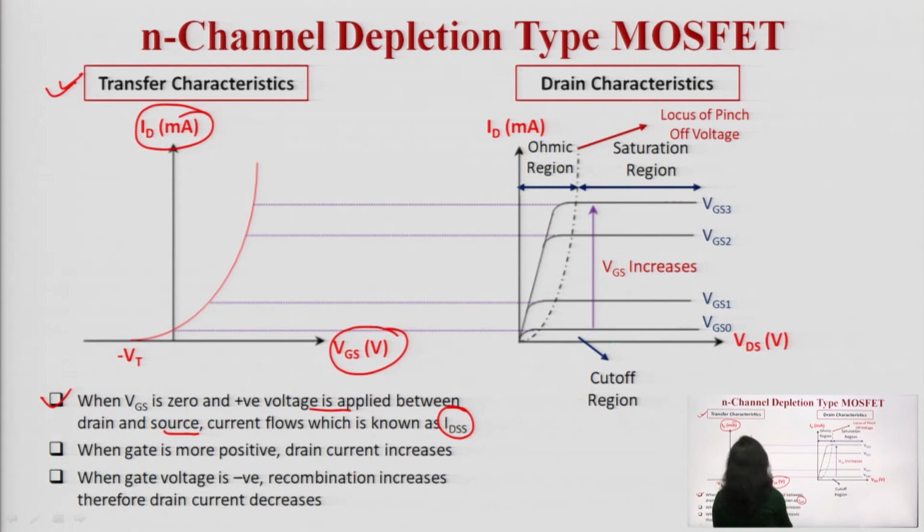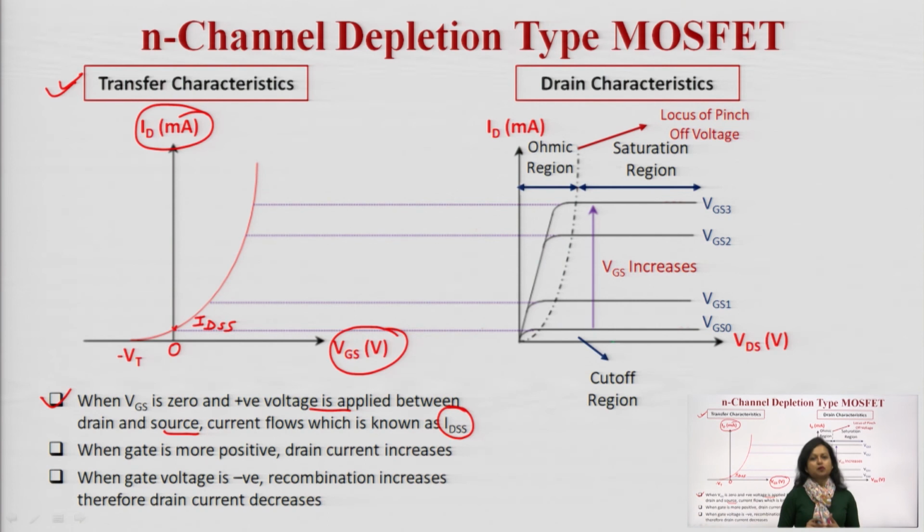So this is the point when VGS is 0, and this value of current is nothing but IDSS. Now recall the remaining two modes, when VGS is positive and when VGS is negative.